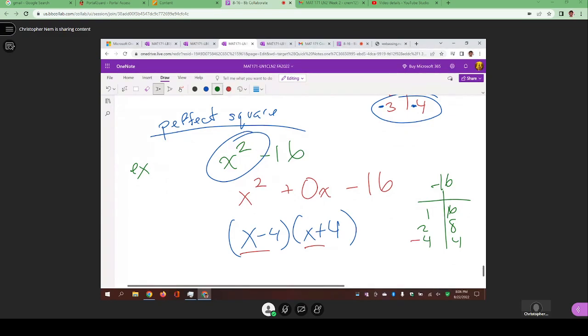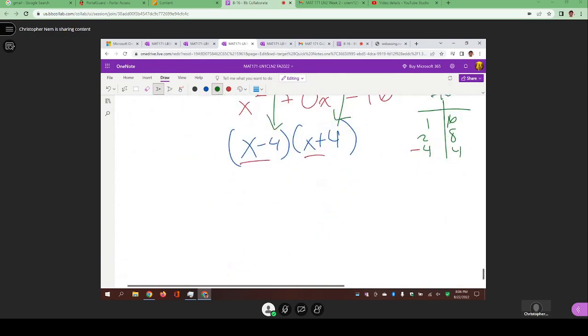If I square root 16, I get 4. That's why we call it a perfect square. So in your book, it's going to say that perfect squares are in the form of a squared minus b squared, which we can factor out to be a minus b times a plus b. This is what your book will tell you. It's fine as long as you understand it. Perfectly fine.